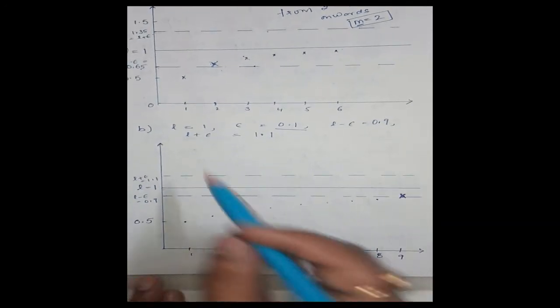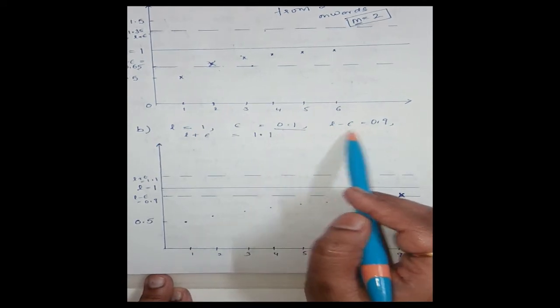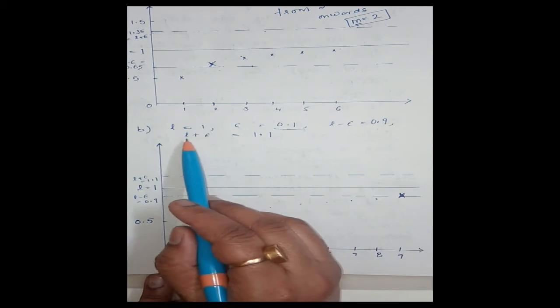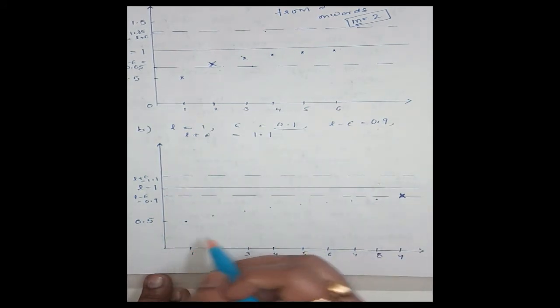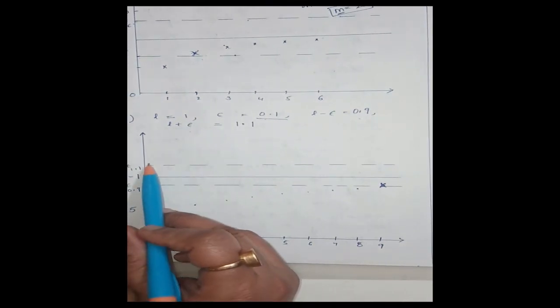In the same way, if I take L to be 1 again, since the sequence is tending to 1, and epsilon we are taking here as 0.1, then L minus epsilon will be 0.9 and L plus epsilon will be 1.1. On plotting the graph, we have the strip 0.9 to 1.1.